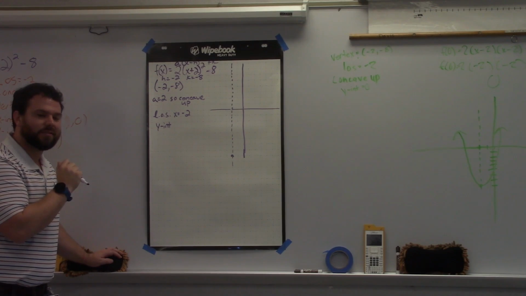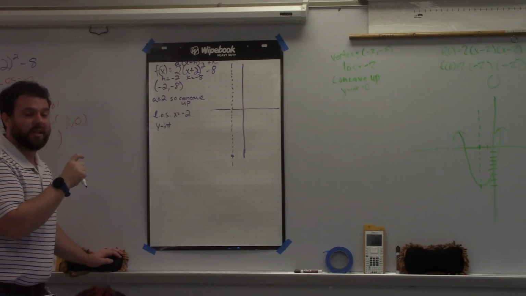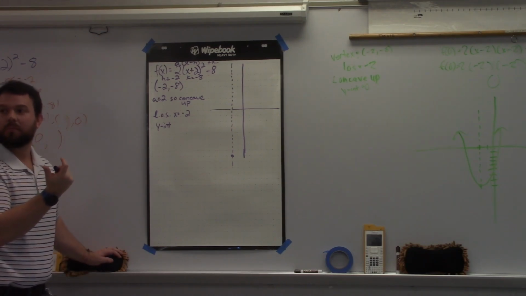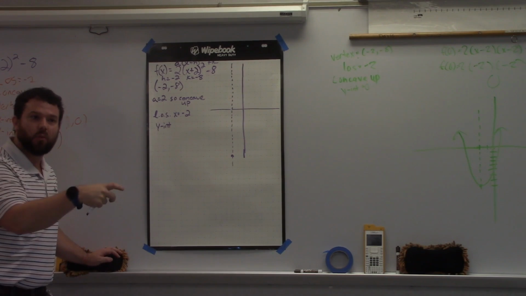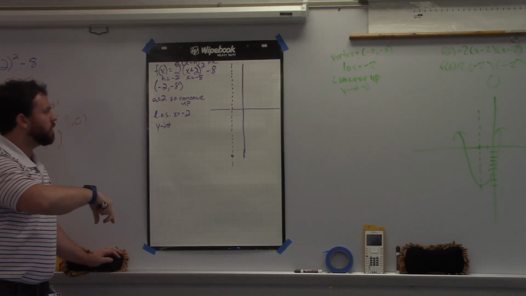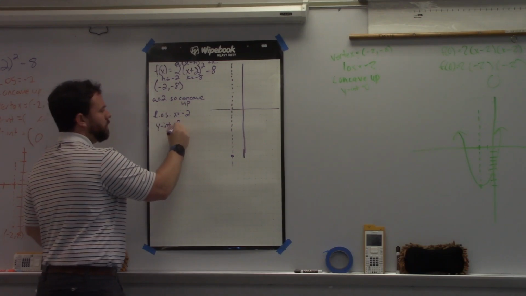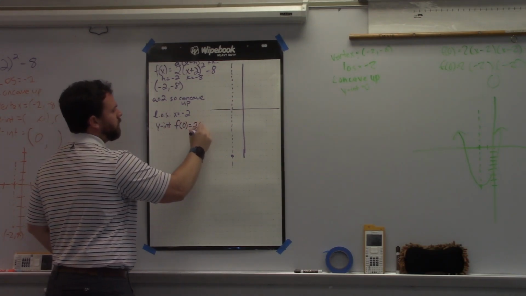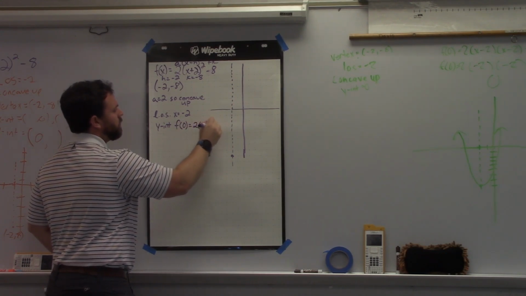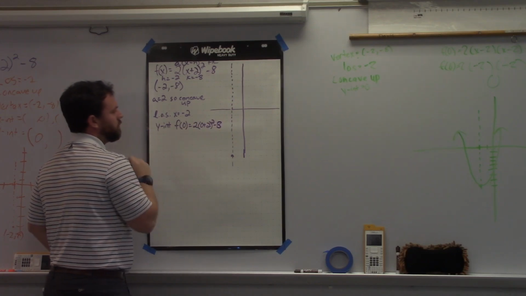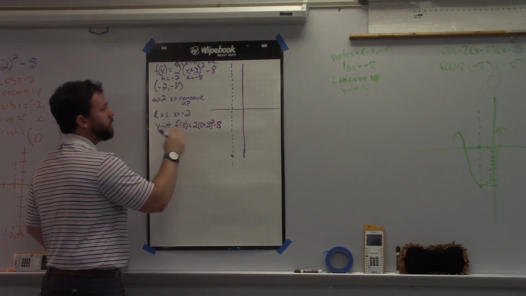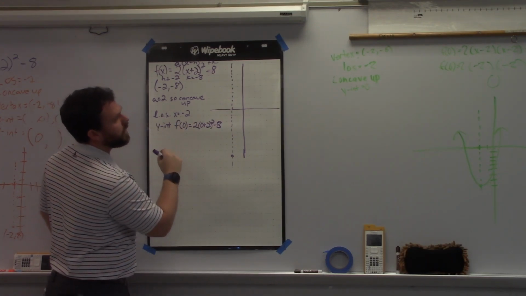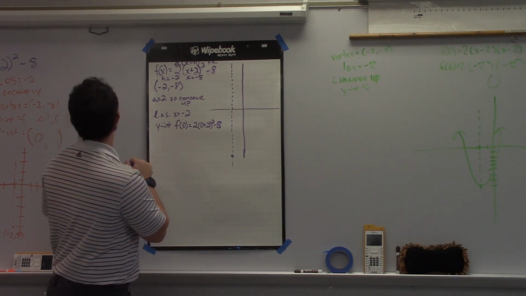Zero. What's 0? We need to be careful because the x can be 0, the y can be 0, but when it's a y-intercept, I need a y and the x is 0, okay? So I'm going to substitute that 0 in. And so when I do that there, how'd you get 0 minus x minus, was it x minus 2?